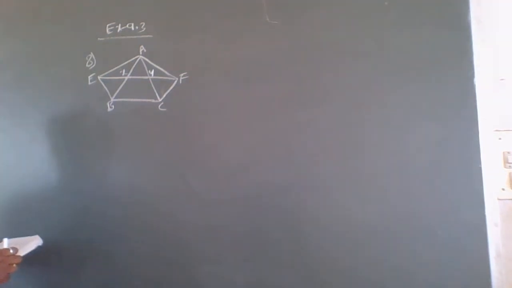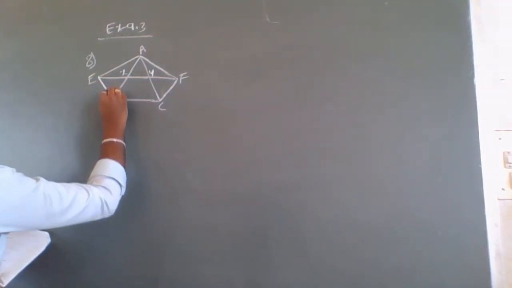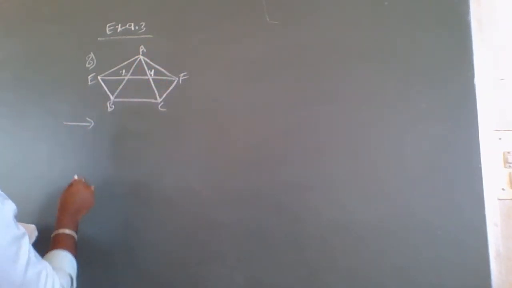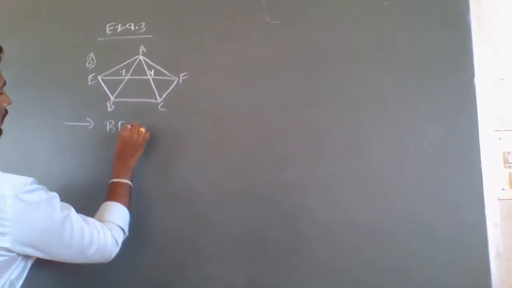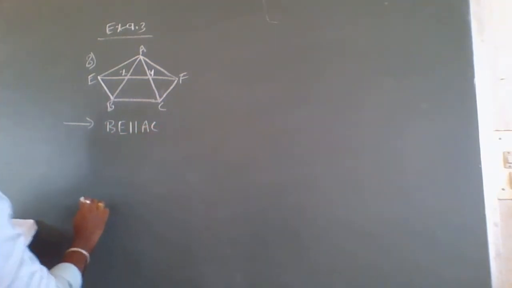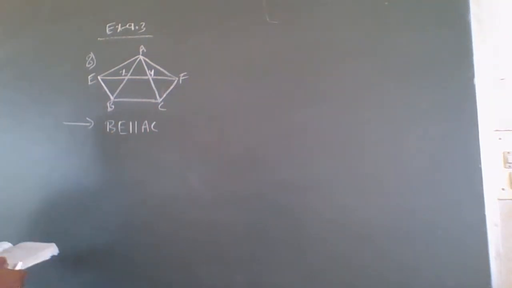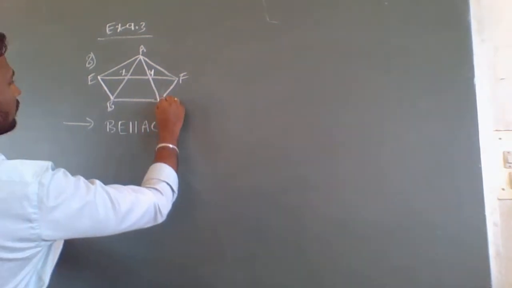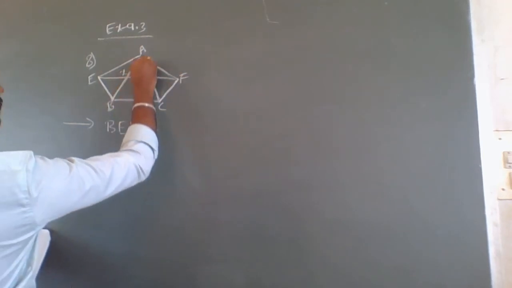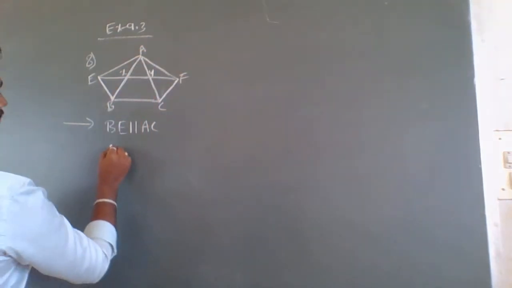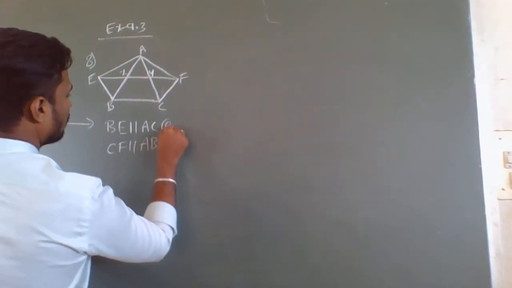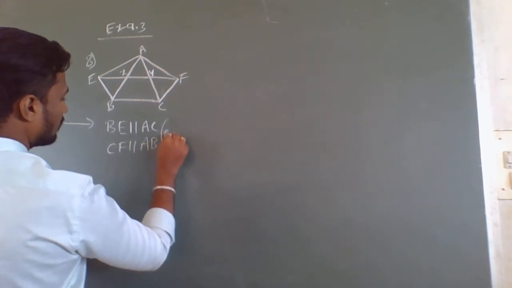If BE is parallel to AC, here this BE is parallel to AC. They have given that BE is parallel to AC. These two are parallel, and CF is parallel to AB. Here this CF is parallel to AB. These two are parallel. This is given.